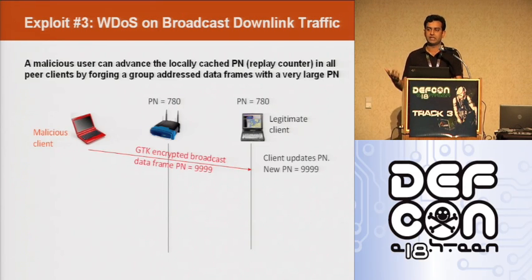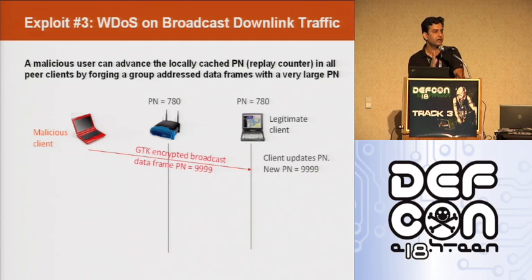The client is going to accept that packet because at the time of the replay detection check, it finds that the packet number is greater than the last successfully received packet number, which was 780. So the client is going to update its locally saved packet number, and the local packet number becomes 9,999.